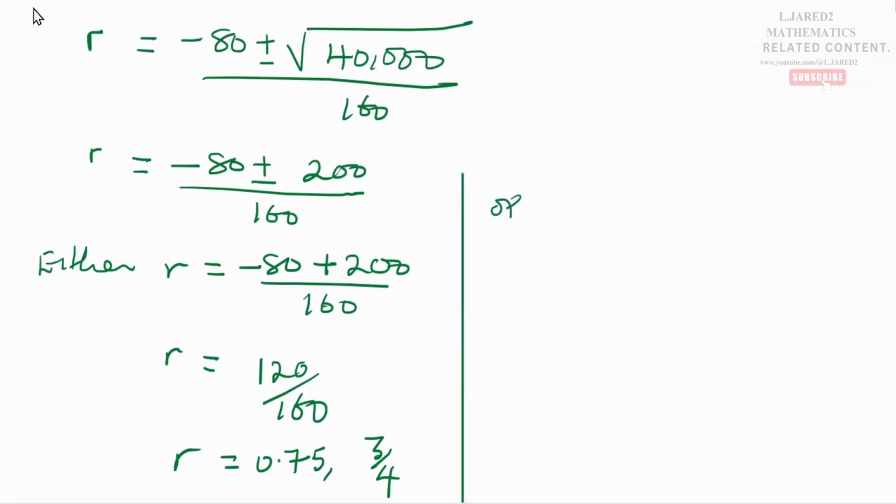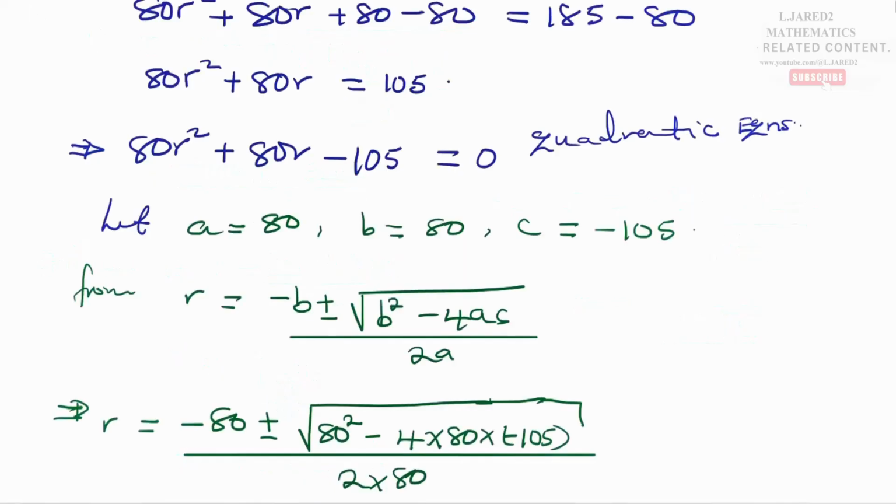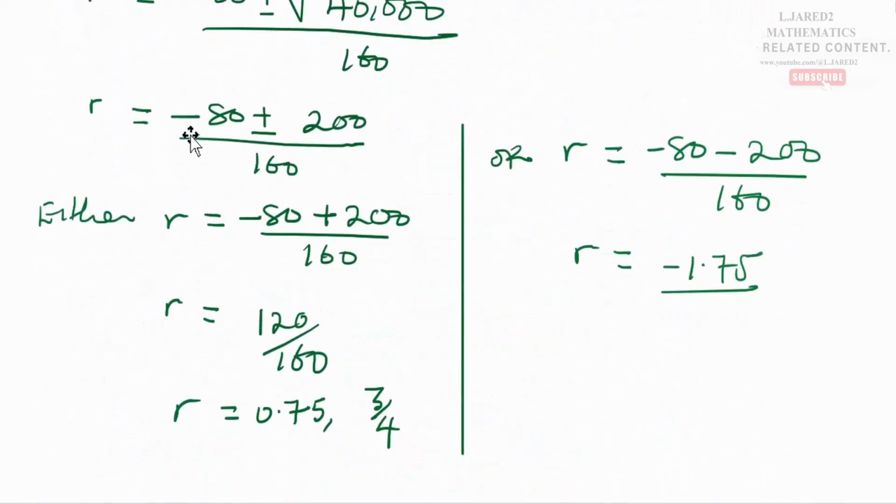We can have that, or the R value can be equal to the negative 80 minus the 200 divided by 160. So the R is giving me the value to be negative 1.75. But in the question, since we are getting two values of R, we can reverse the question. They are talking of a positive common ratio, and the common ratio is the R. So one of them is positive, then the other one is negative.